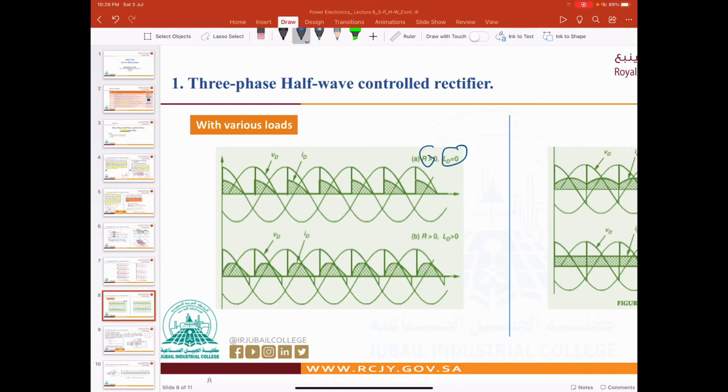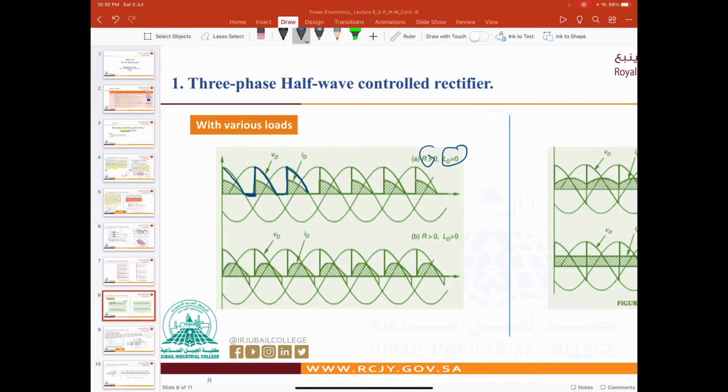Here we have inductive load 0. So of course, if alpha is bigger than 90, then it will go for here 0, and then it will go up, and it will go here, and it will go up, and so on, right? So this is if the inductive load is 0.